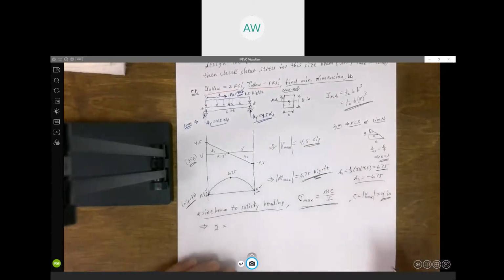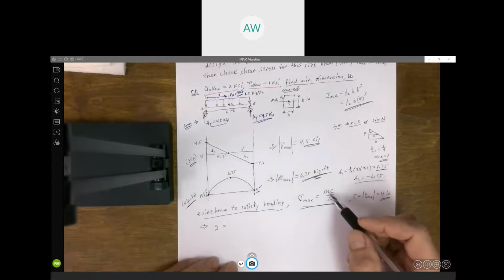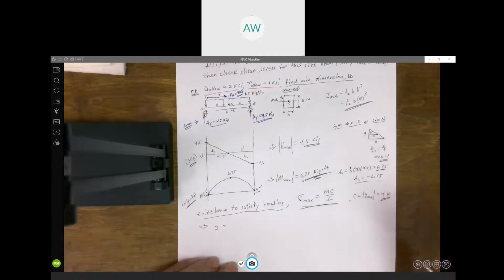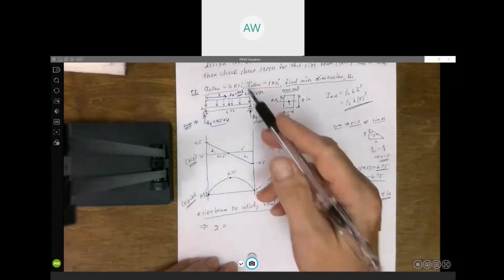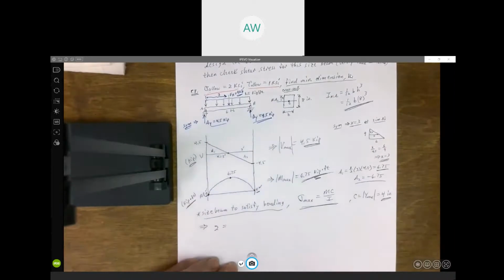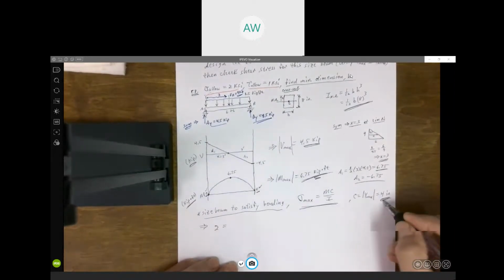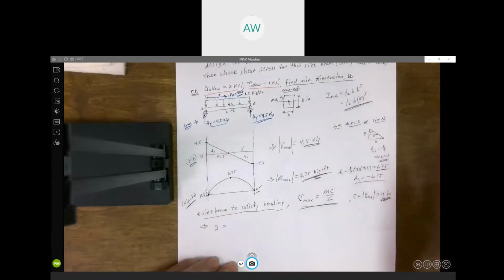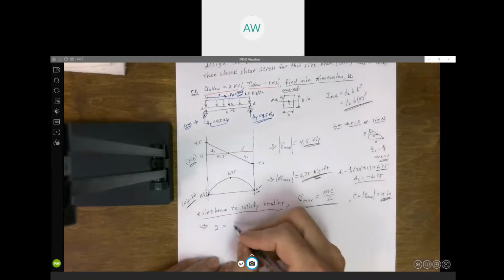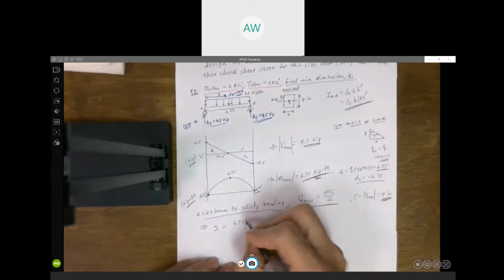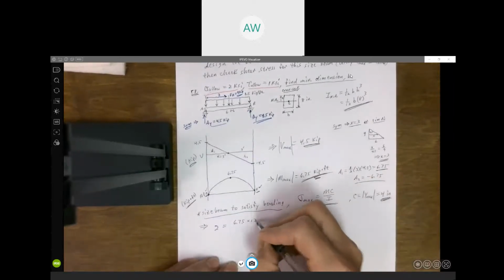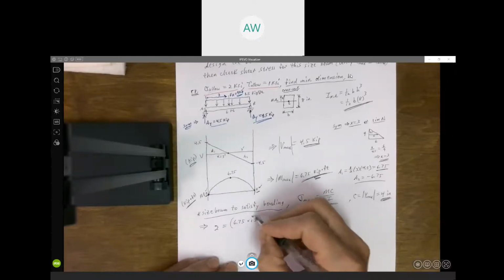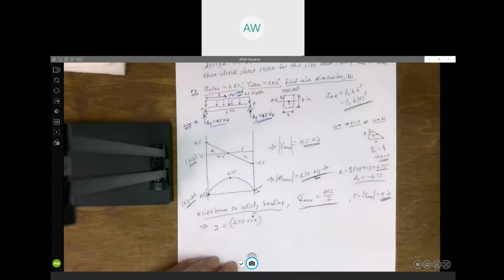So just be careful. But we do need to convert this into kip-inches, because everything else is in inches, right? This is ksi, kips per square inch. c is in inches. This 8 is in inches. Everything else is in inches. So we want to multiply our 6.75 kip-feet times 12, so that's going to give me inches. That's why I'm multiplying by that 12.